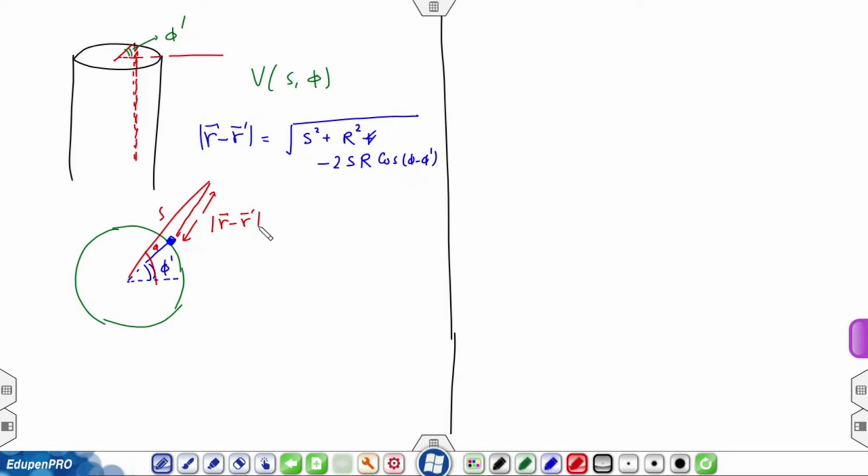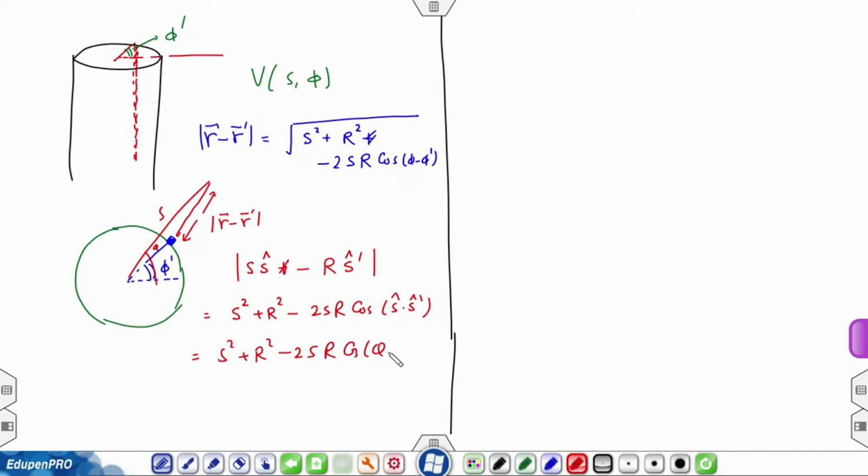So, this is going to be s minus r s prime, because r is in the s prime direction, modulus, which is going to be s square plus r square minus 2 s r cosine of s dot s prime, which is s square plus r square minus 2 s r cosine of phi minus phi prime.